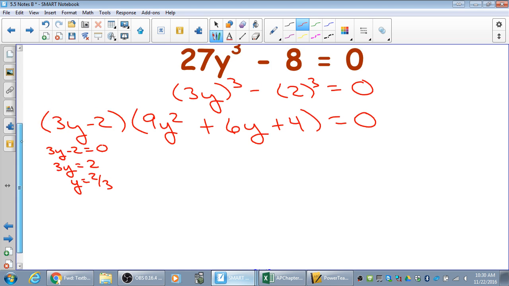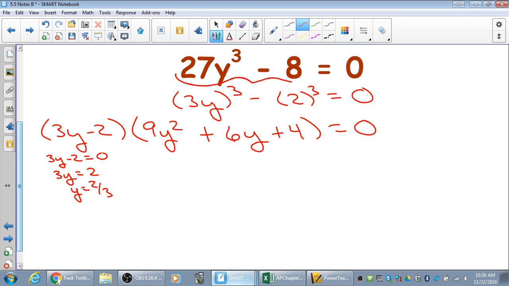Now, the sum and difference of two cubes, they will always be imaginary. The other 2 will always be imaginary. So let's find out if that's right. We get x equals negative 6 plus or minus the square root of 36 minus 4 times 9 times 4, all over 2 times 9.